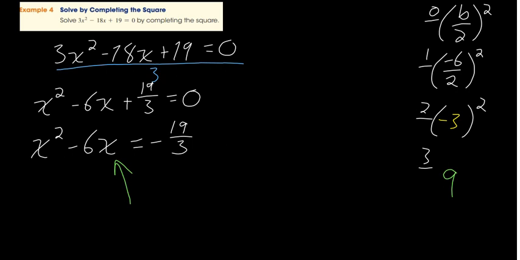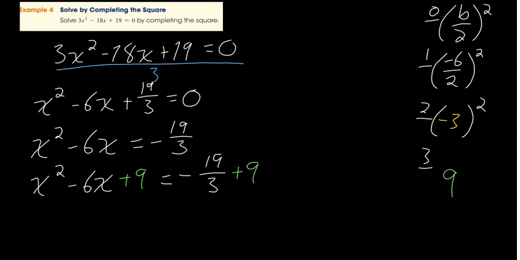But if I add it to the left side, I must also add it to the right side. So I will have x squared minus 6x plus 9, equal to -19 over 3 plus 9.